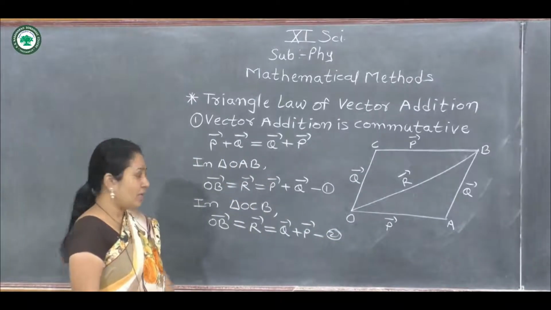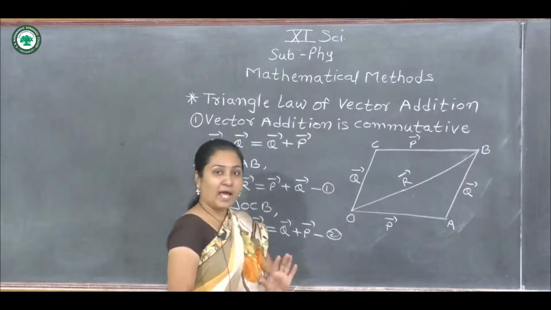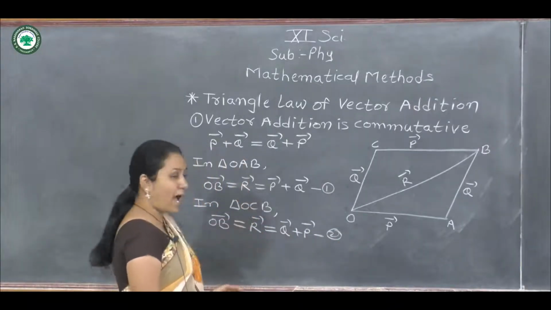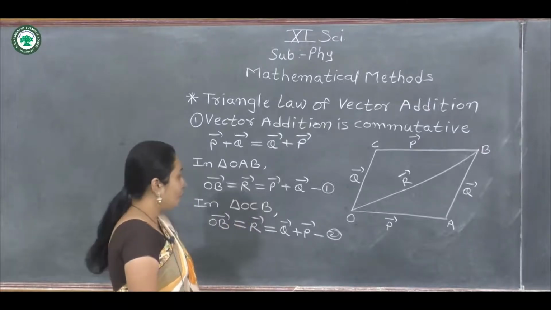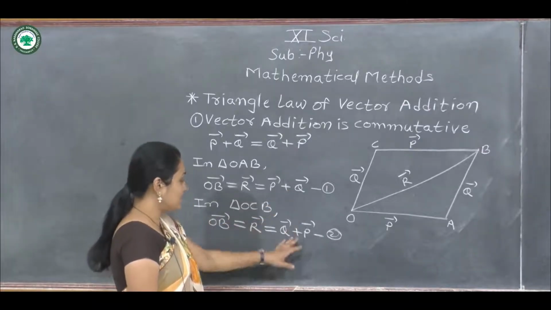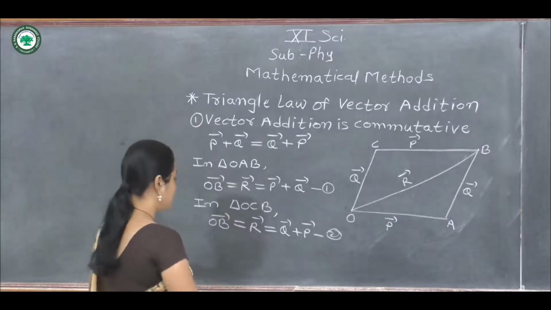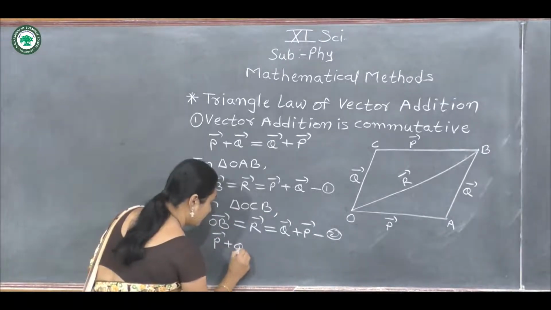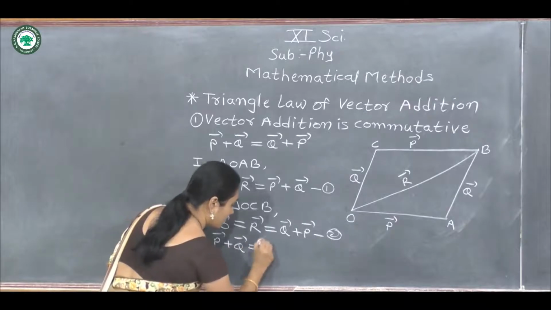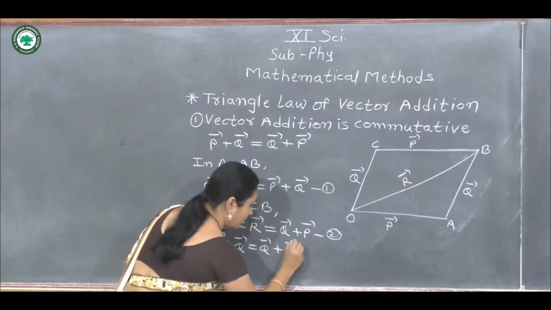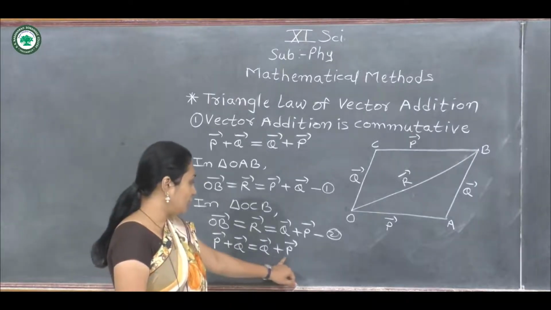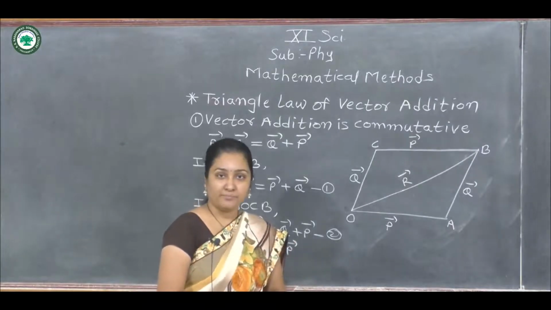This is equation 2. Now from equation 1 and equation 2, the LHS is the same, R bar, so we can write the RHS equal. That means P bar plus Q bar is equal to Q bar plus P bar.